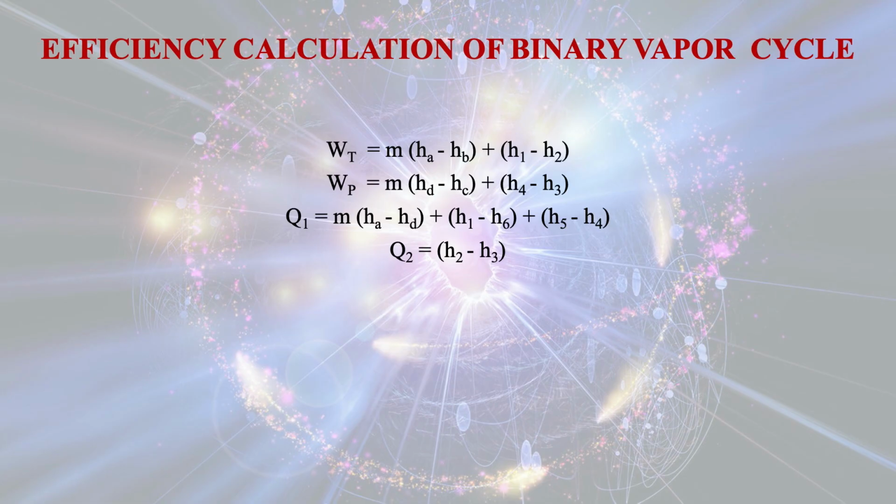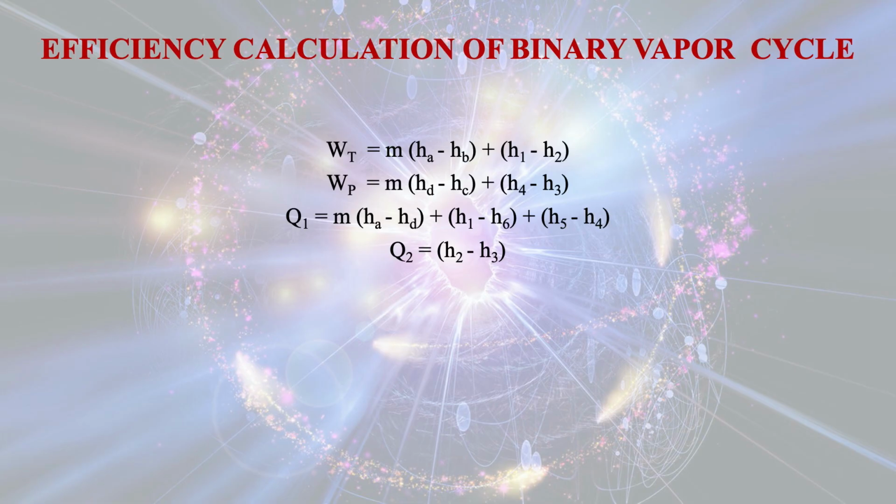Here there are two pumps, one for the topping cycle and the other for the bottoming cycle. So net work is WT minus WP, that is the output for the binary vapor cycle.